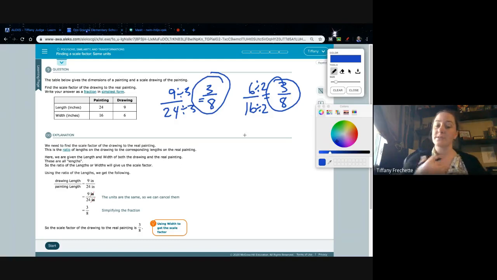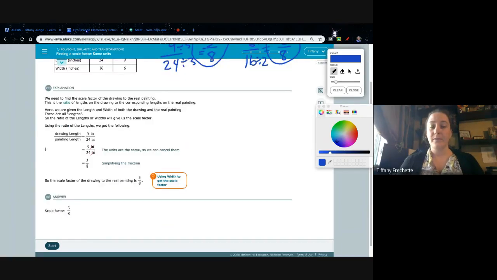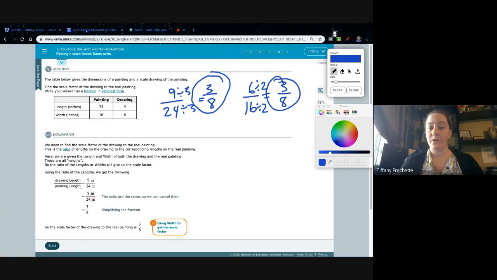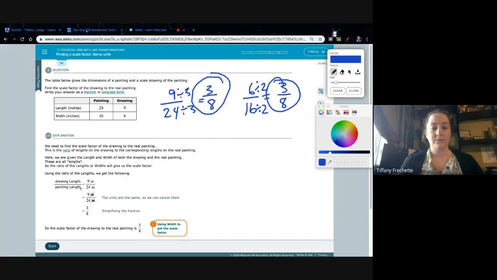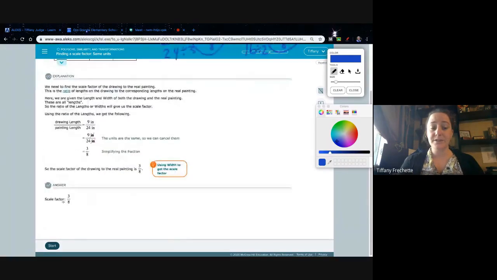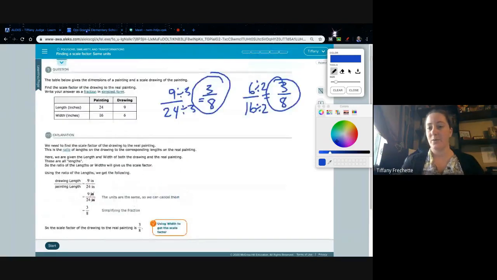If they don't match, something went wrong. So we should definitely have the scale the same for length and width when we're talking about the scale. When we're scaling something down, we should always have the same ratio for our same scale factor. So we just type in 3/8 for our scale factor. We don't have to type it in once.